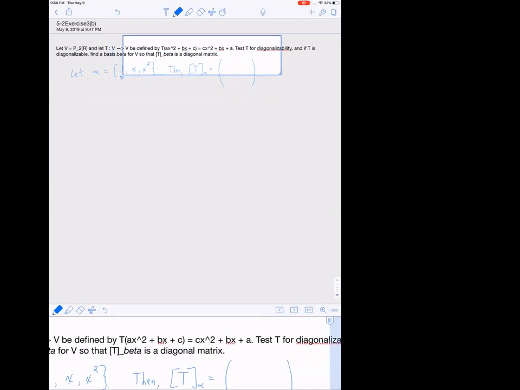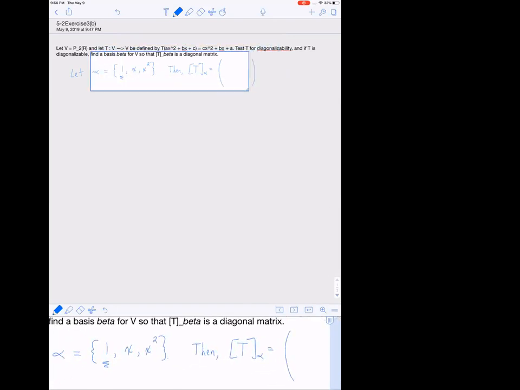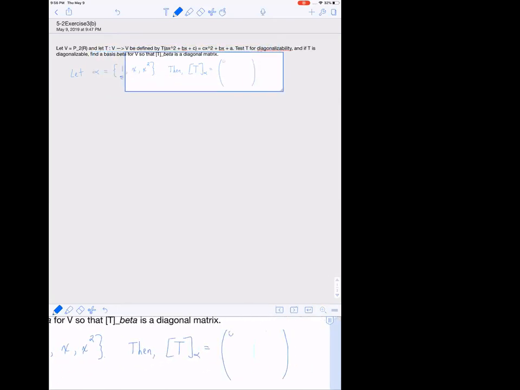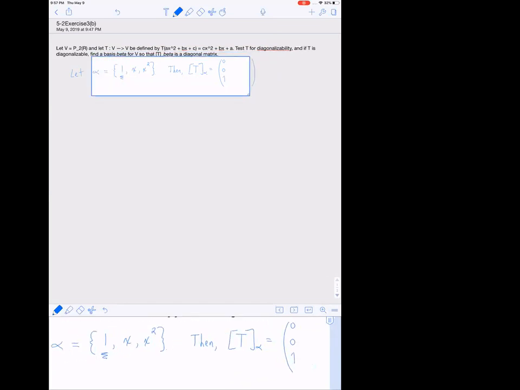So that should output the polynomial 1 times x squared plus 0 plus 0. So 1x squared, written in terms of this basis alpha, would be 0 1's and 0 x's and 1 x squared.